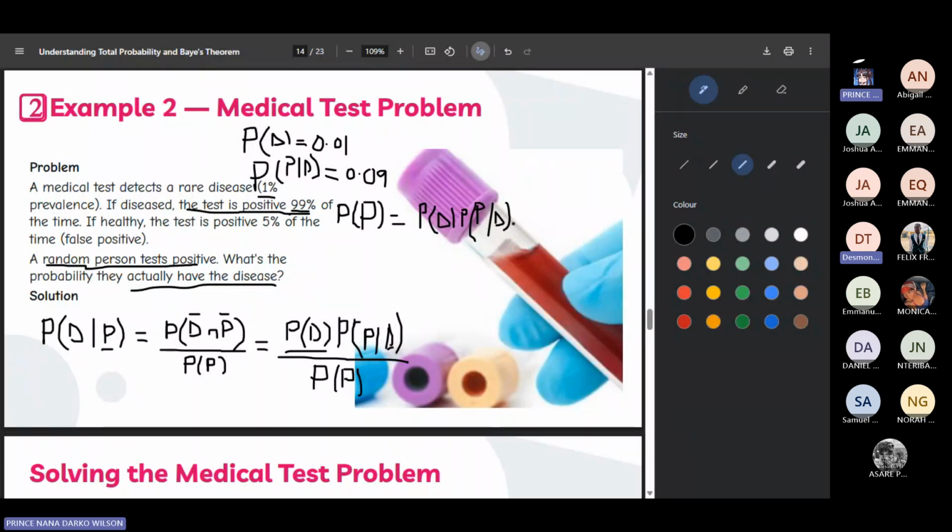Because if it's the probability of having the disease and testing positive, then fast forward the formula should be probability of testing positive times the probability of having a disease and testing positive all over probability of having a disease. Sorry, I don't know if you get what I'm saying.